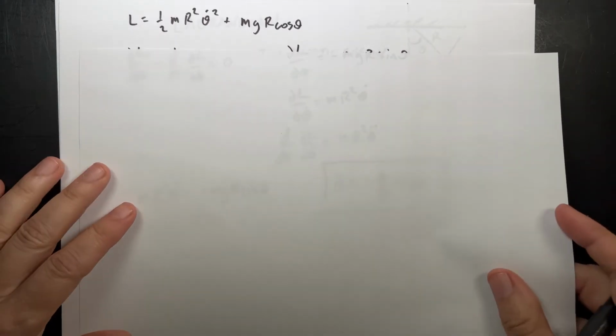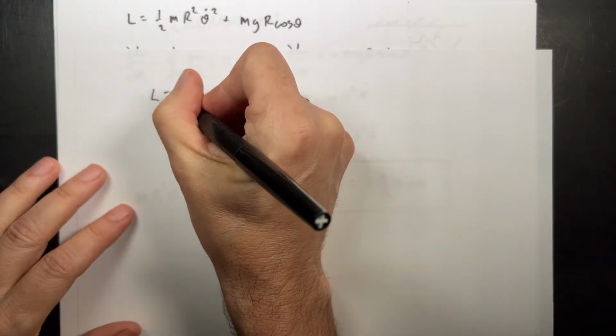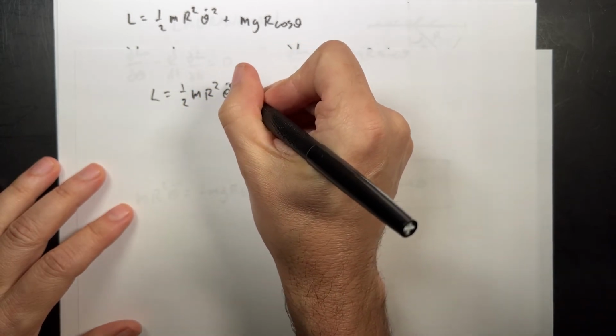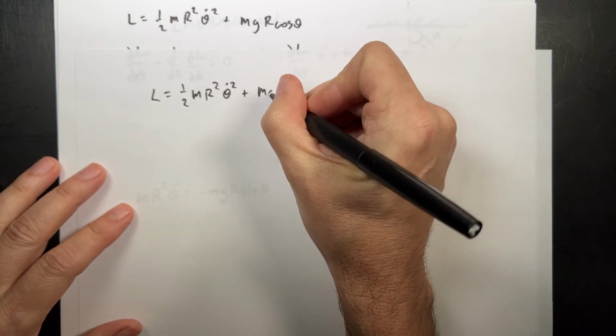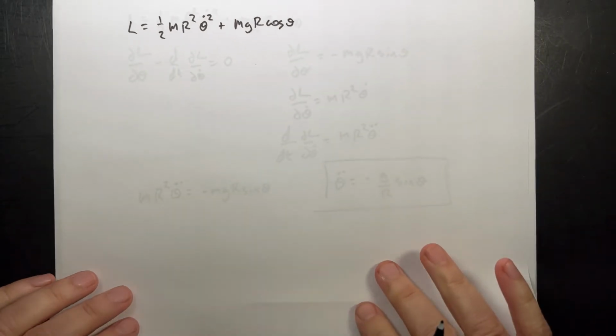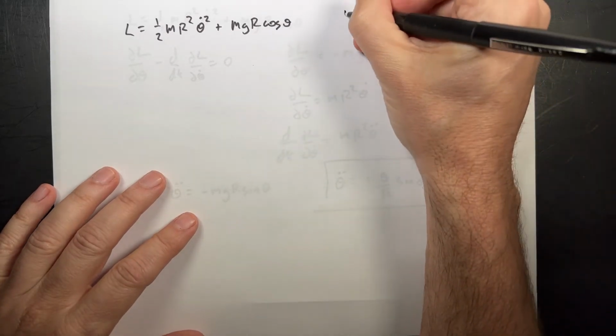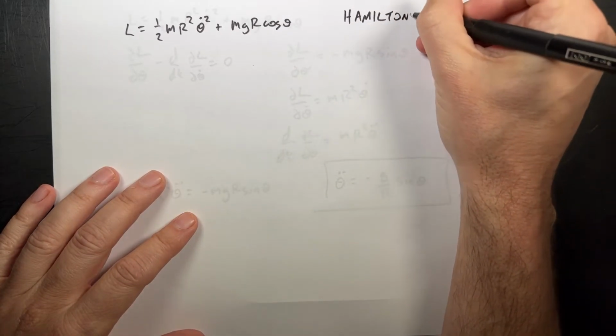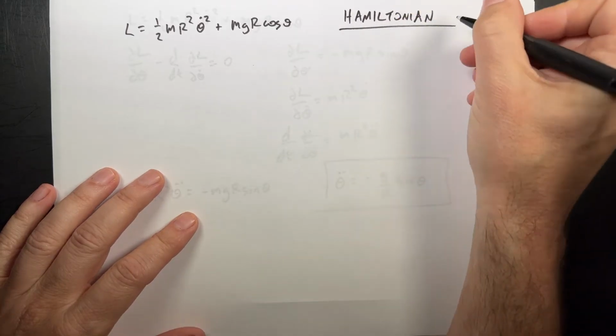Okay, so let me write down my Lagrangian because we need that for Hamiltonian. 1/2 m r squared theta dot squared plus mg r cosine theta. Okay, so now we're going to do Hamiltonian mechanics. I remember the first time I did this, I thought, what is the point?